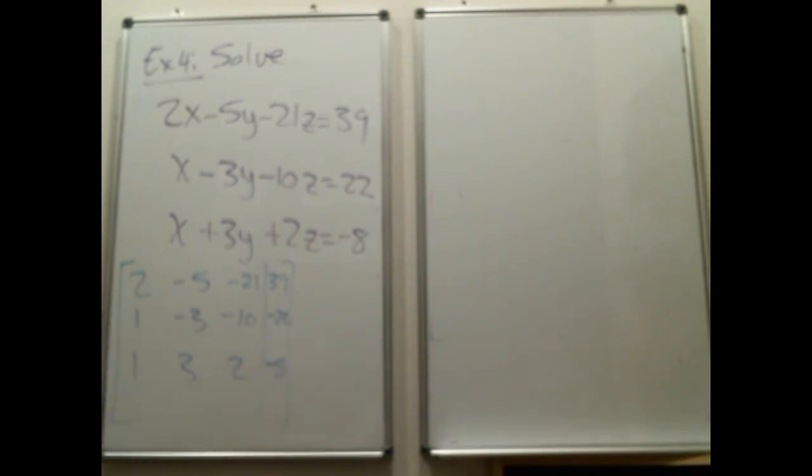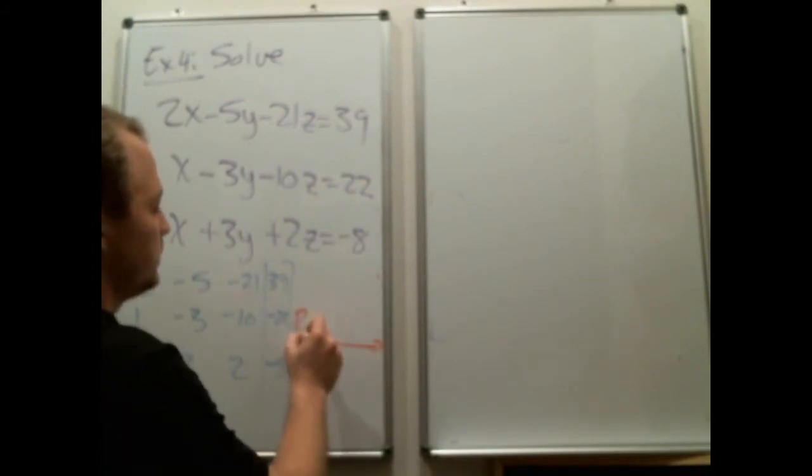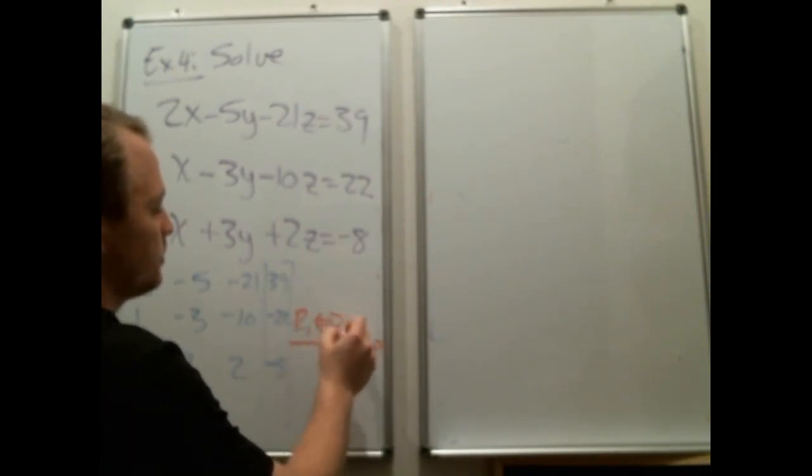Make sure I wrote that right. Okay, so my first step is I need to make this top left a 1. So here I have both of these as a 1. I'm just going to take row 2 and interchange with row 1. Row 1, interchange row 2.